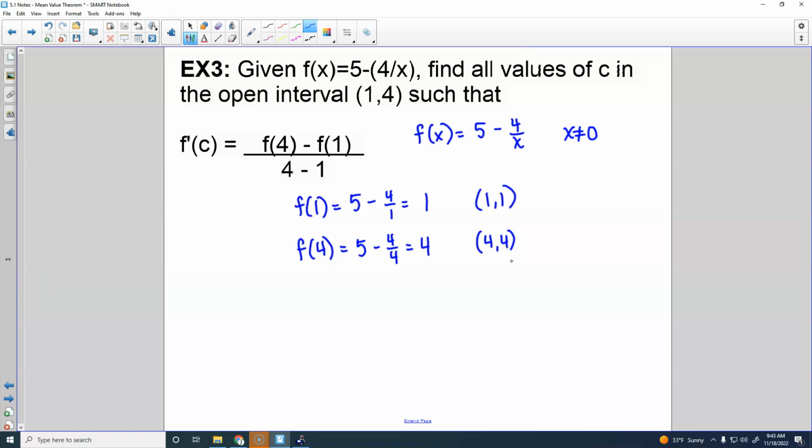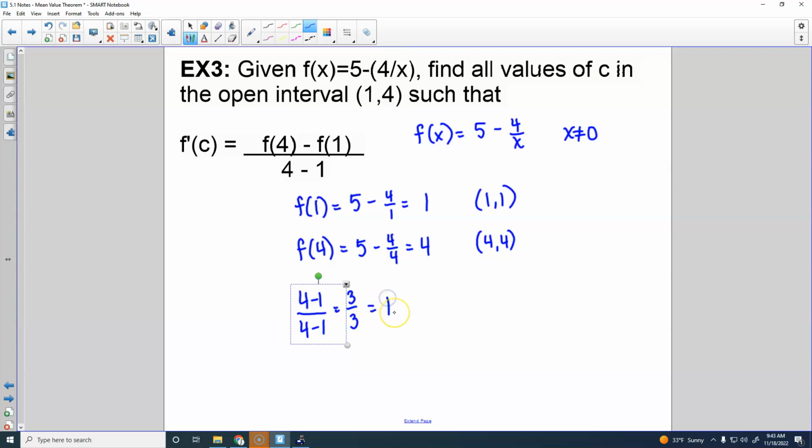Now, I did not say continuous and differentiable because this didn't ask us anything about proving. We're just finding these c values here. But if it asked us to prove, we would need to state that. So then, if I find my average rate of change, it's just 4 minus 1 over 4 minus 1, which of course is going to give us 3 over 3.